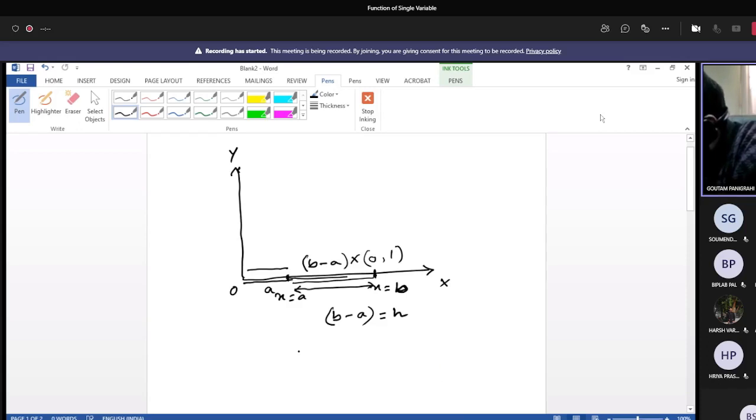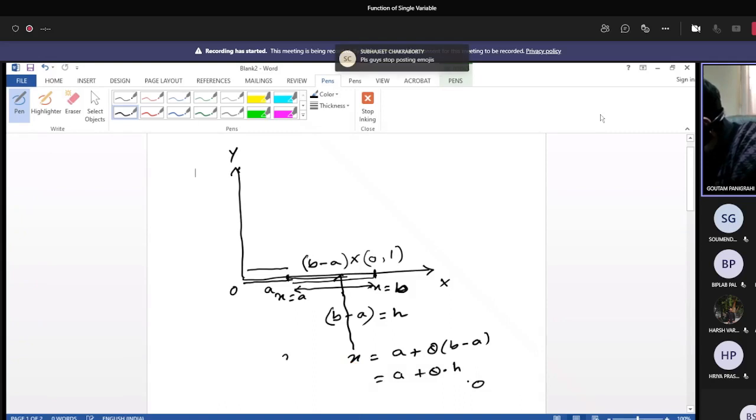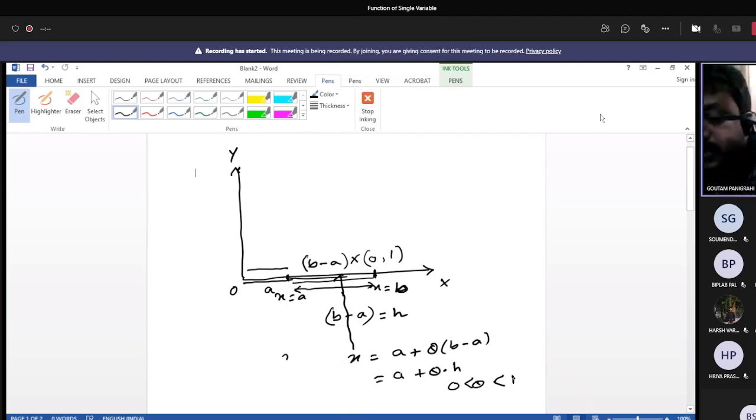So any intermediate point x can be represented as a plus theta into b minus a, that is a plus theta h, as b minus a is h, where theta ranges between 0 to 1.